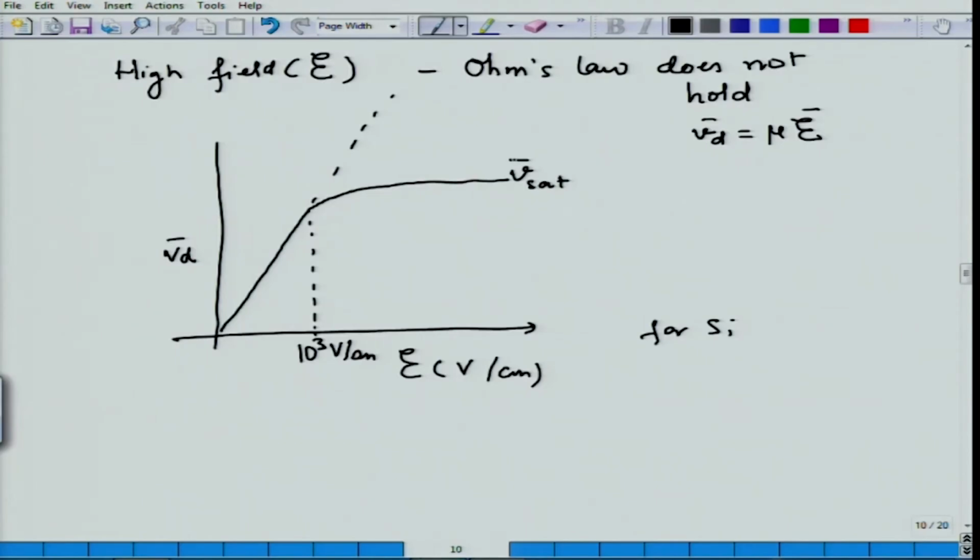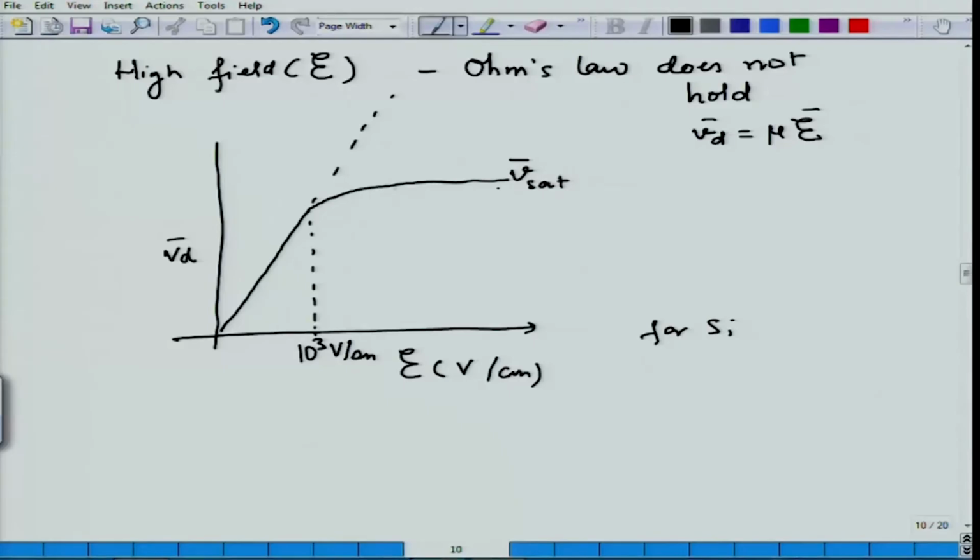As I keep increasing the field, the carriers respond and get accelerated, and the drift velocity increases linearly. But if the fields become very, very large, all the energy you provide to the carriers through the field is lost as heat, maybe through emission of optical phonons and so forth, and you are not increasing the average velocity anymore, and that leads to V saturation.